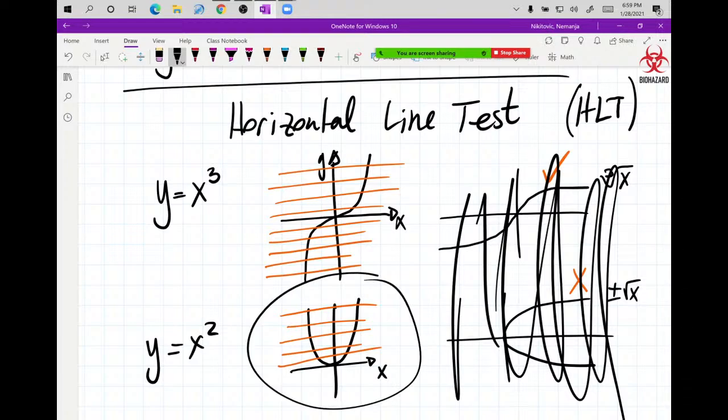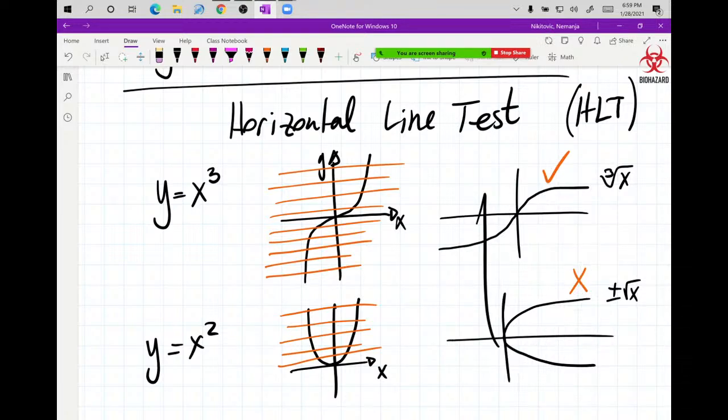Over here, I say, oh, it failed, so the inverse will not be a function. So I don't know these graphs on the right per se. I just know the left side, and I just know that the left side passed or failed. That means that the inverse will or will not be a function.